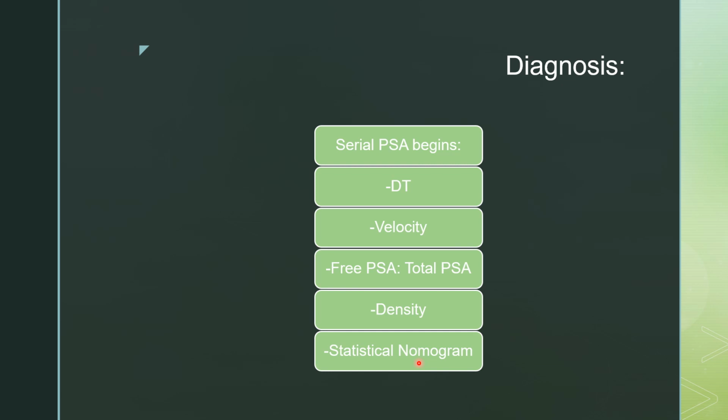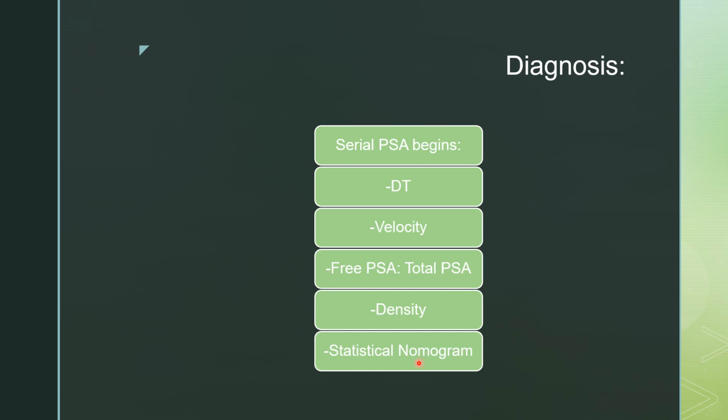And then we will now tabulate all this. The results, what we are able to pick, then we will all be put in a statistical nomogram. And from there, prediction could be made that this guy will likely have prostate cancer.